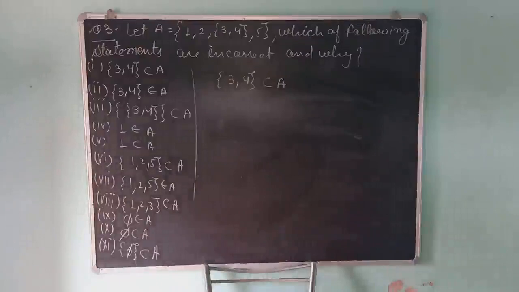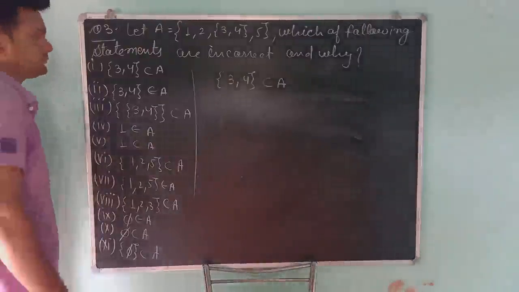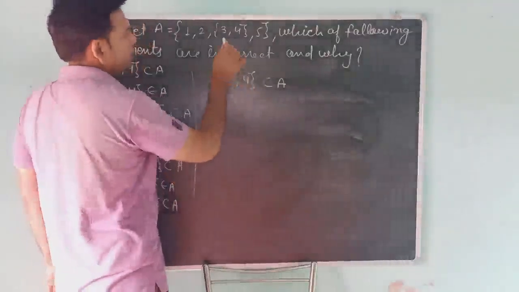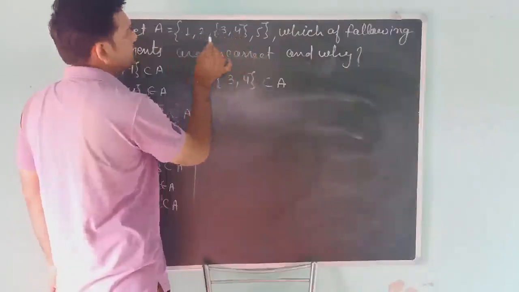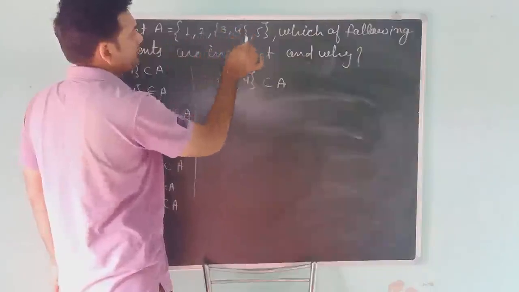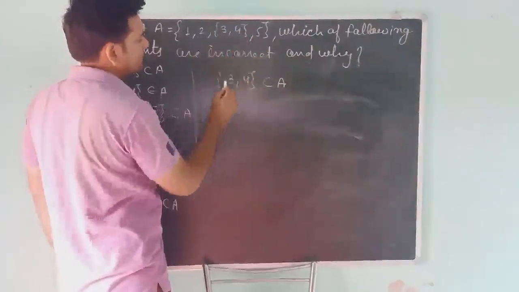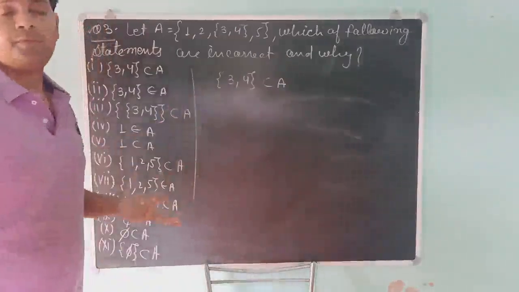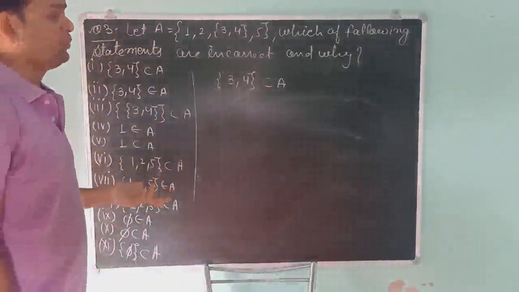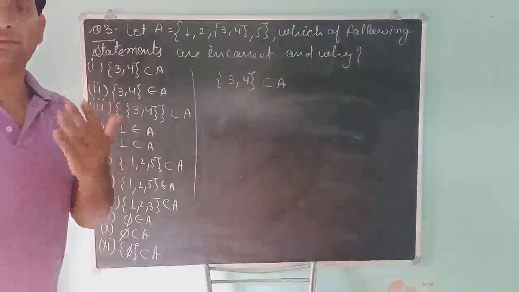So students, here you have 3 and 4, and they look the same here. This is also 3 and 4, and in this set we already have two brackets. These are the same brackets, and we are not putting any extra brackets by ourselves.